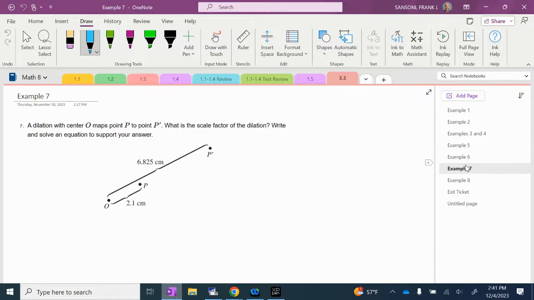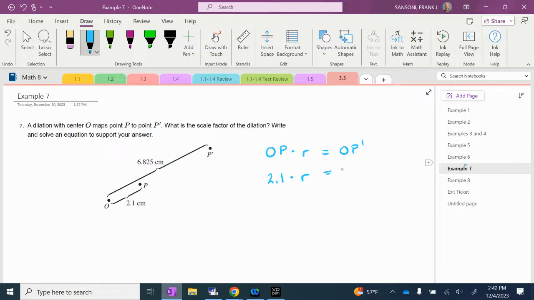2 more and then we're done. A dilation with center O maps point P to P prime. What's the scale factor of the dilation? So we're going to write our problem. We know that OP times R must equal OP prime. Do we know OP? What is it? 2.1. Do we know the scale factor? No. Do we know OP prime?